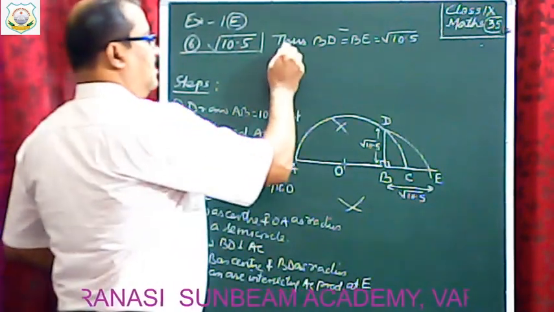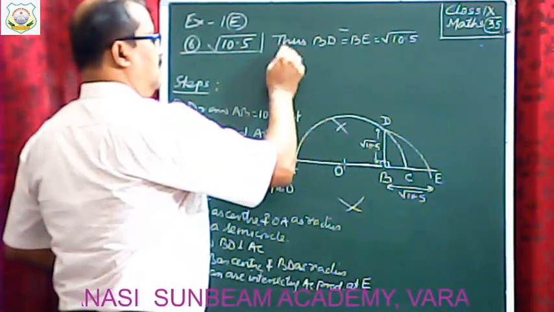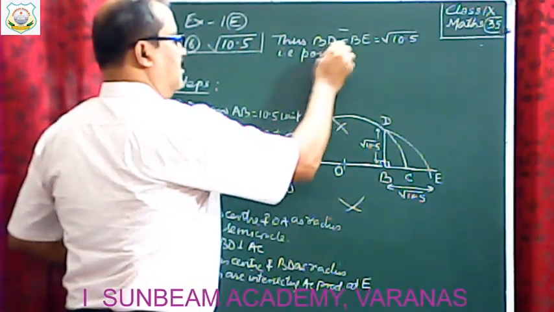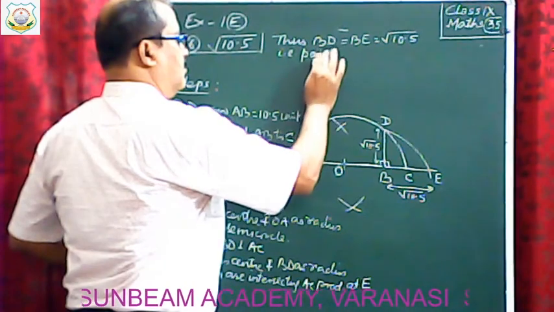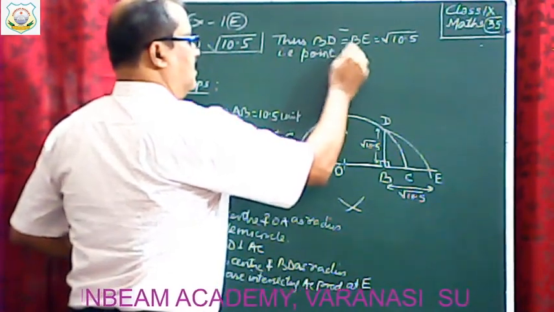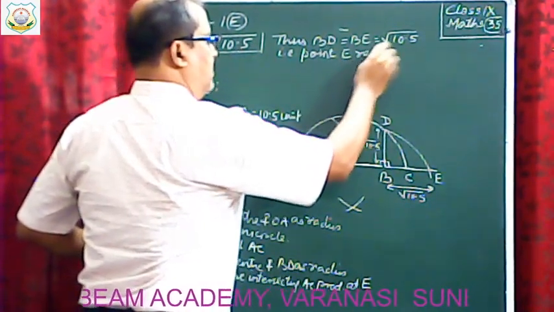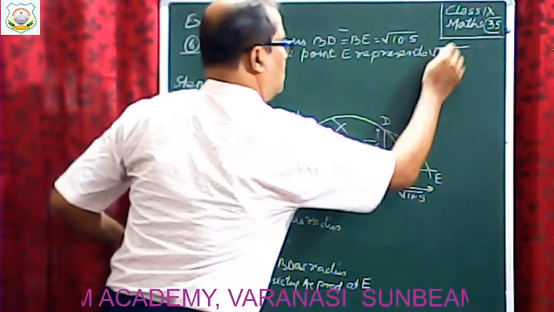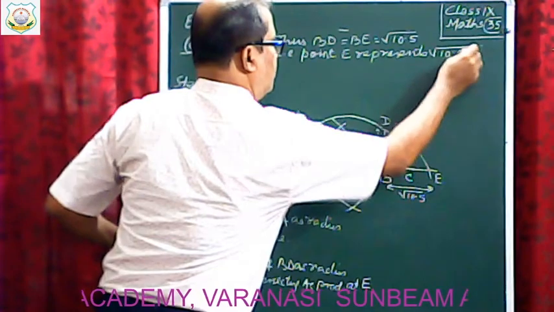That is, point E represents square root 10.5.